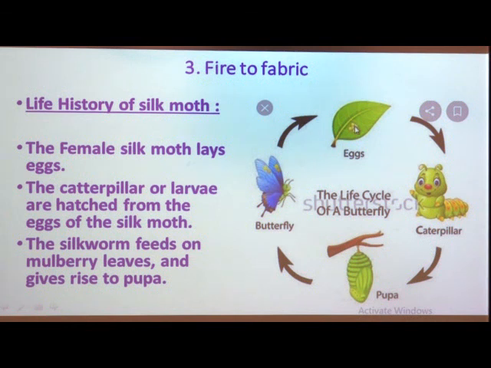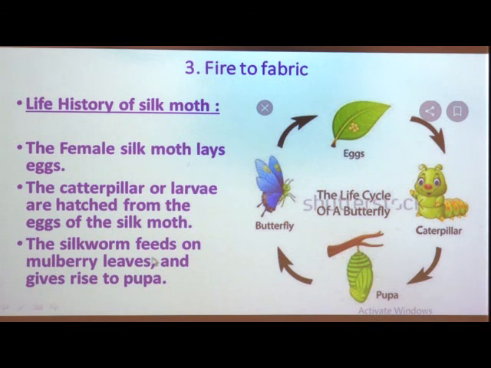So from these eggs these larvae hatch out, and these larvae are also known as caterpillars. Here we can see caterpillars look like a worm. You know worm, but they are small in size because they are in the larval stage.